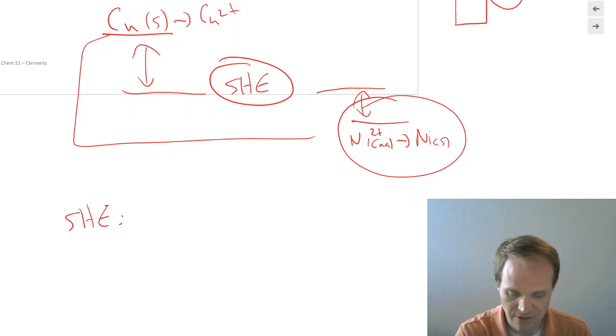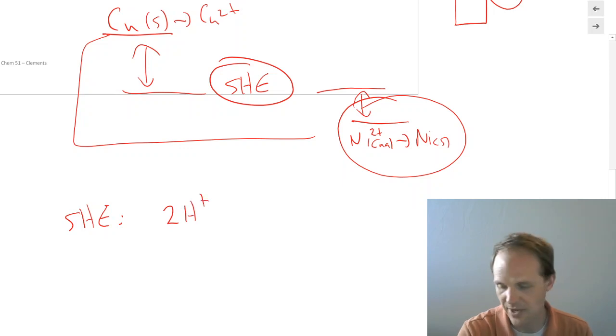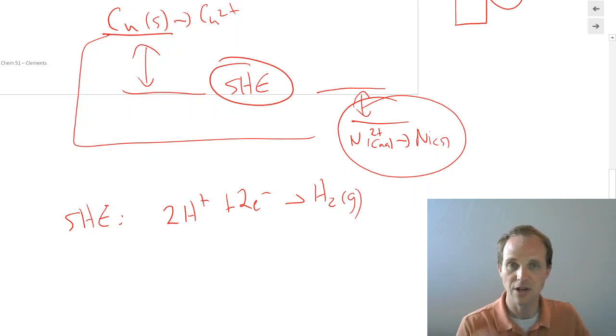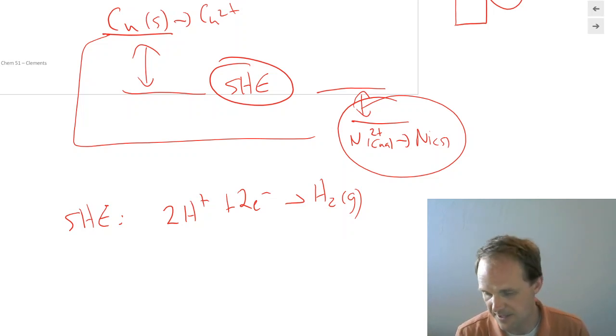The standard hydrogen electrode is the conversion of H+ and 2 electrons into H2 gas. So you set that up on one side, you set up whatever you're going to measure on the other side, and you can always get these potential differences all relative to the same point, which means you can compare two things very, very easily.